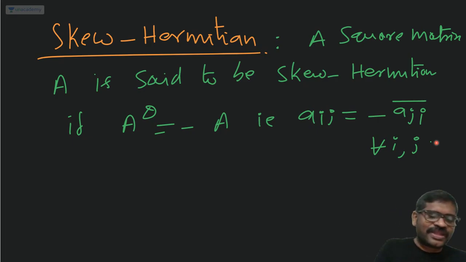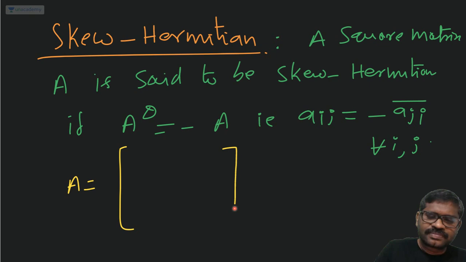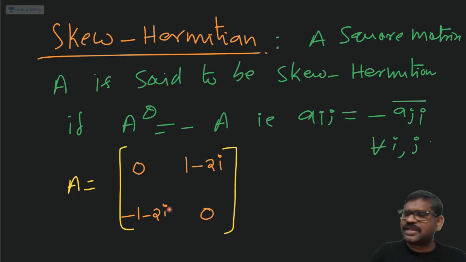Now, for example: 0, 0, 1 minus 2i, minus 1 minus 2i.